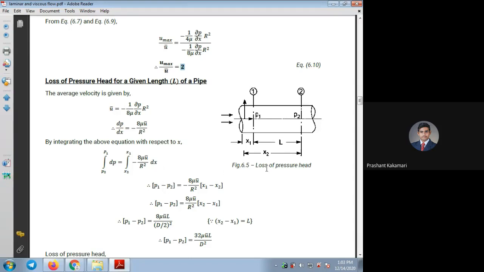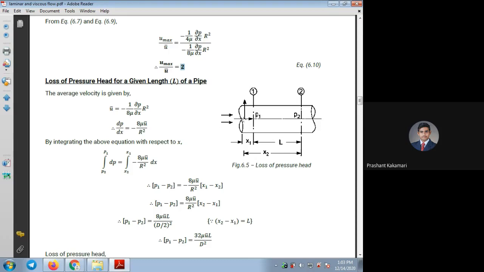So for example, here we have taken a pipe length of L. Okay. Over this length L, you have marked pressure point 1, P1, and pressure point 2, P2, and 2 gauges are connected here, 1 and 2. So between these 2 points, the distance of the pipe considered is L, and at the entry you can see a small x1 is considered.